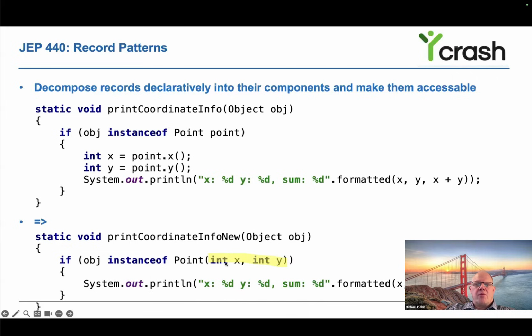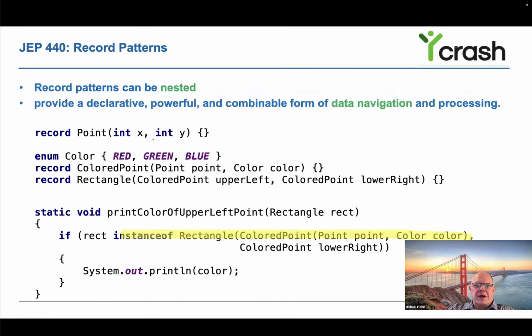If this is a point, then these two values are directly inserted here. You are not forced to name them as they are named in the record, but it's a good idea to keep them as similar as possible. A bad idea is to switch these values, or otherwise your colleagues will be really confused.